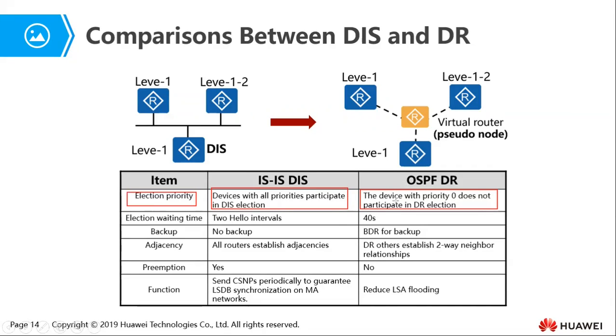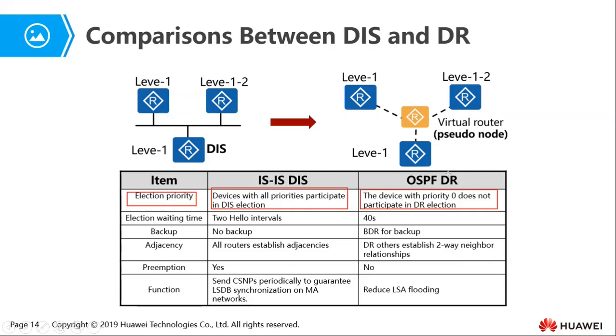Now, the router with the highest priority in OSPF will be elected as the DR. Similarly, in IS-IS, the router with the highest priority will be elected as the DIS. The only difference comes with the second part.